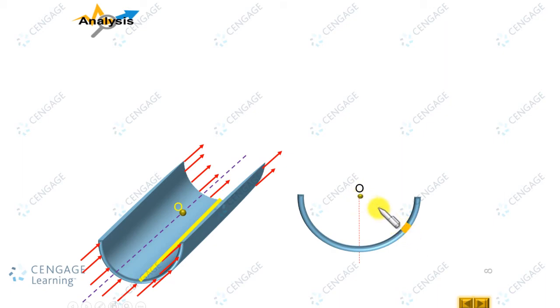The angular position of this wire with respect to O or with respect to this dotted line is theta, and this is the direction of the current, away from you. So this is the angular position theta, right? The angular width of the wire will be calculated if we join this point to this point. This is d theta. This is the angular width of this wire. And now the length of this wire can be calculated by using arc length equal to angle multiplied by radius, r d theta.